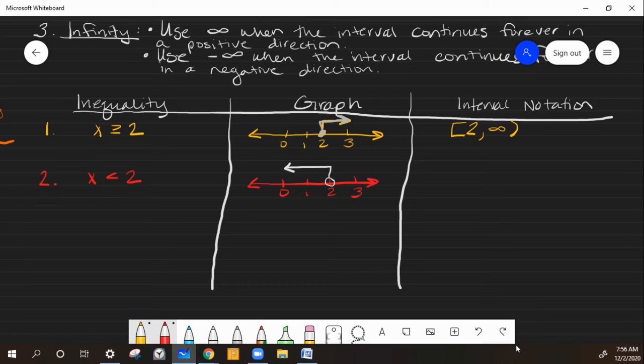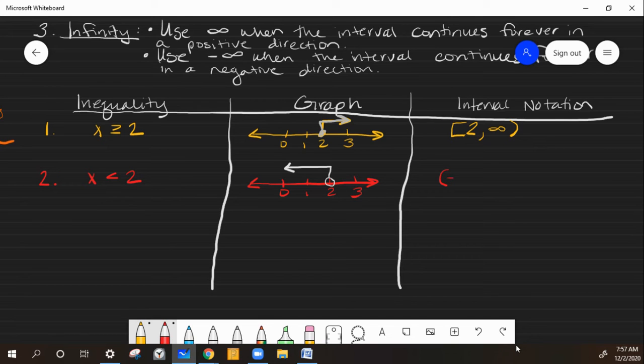So I start over here on the left and think, what is the furthest left solution of this set of solutions? If you thought negative infinity, you thought correctly. And because my solutions never land on negative infinity, I actually start with a parenthesis.